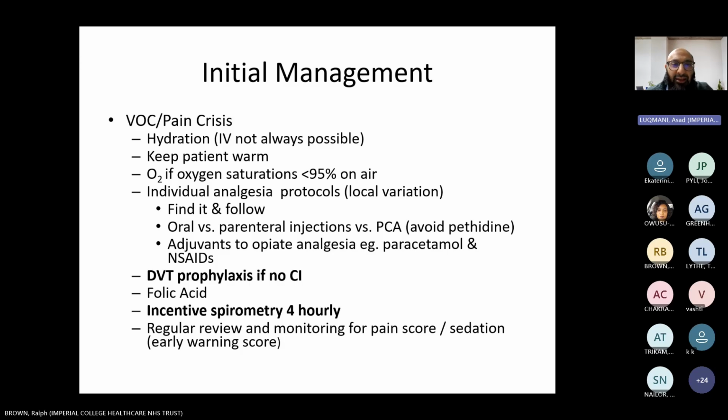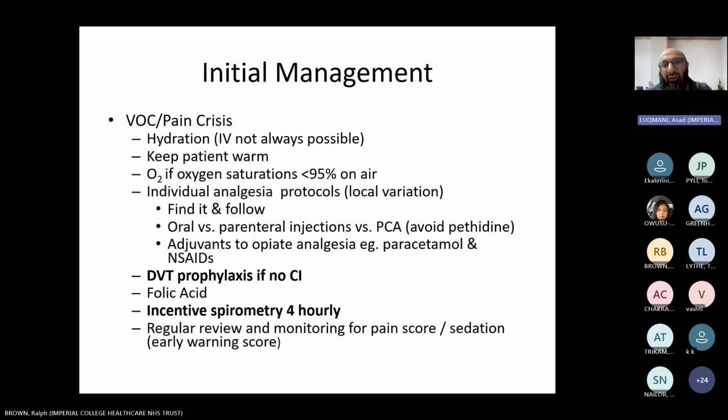The majority of patients in the adult setting will be given parenteral opioids. However, in the pediatric setting, many children are treated with oral opioids and possibly intranasal opioids as well. A few of the adults are still on oral opioids, but the majority by far are on parenteral opioids, subcutaneous, and in some cases intravenous.